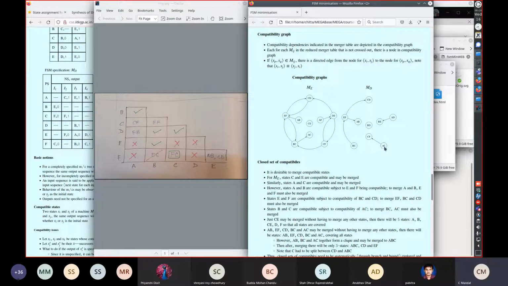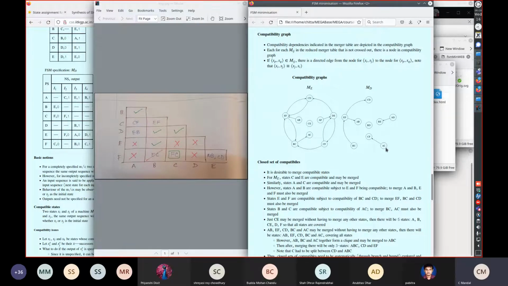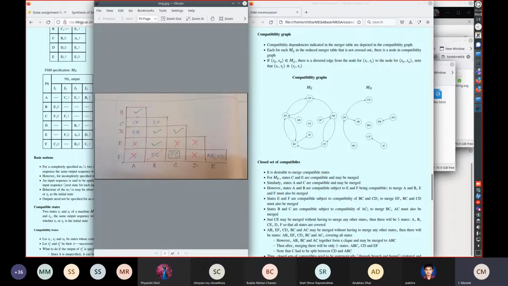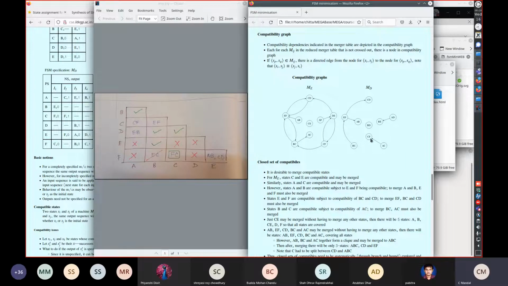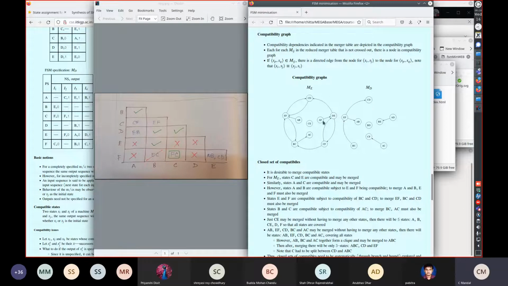AC is also okay. AF... what is that? Sorry, AC, what is AC? Yeah, AC depends on CF, right? CF is shown here. CD is also, yeah, doesn't have any. So this is your compatibility graph.